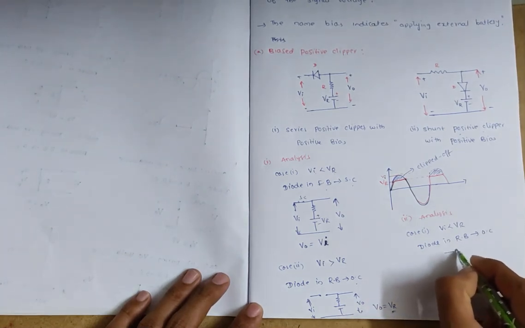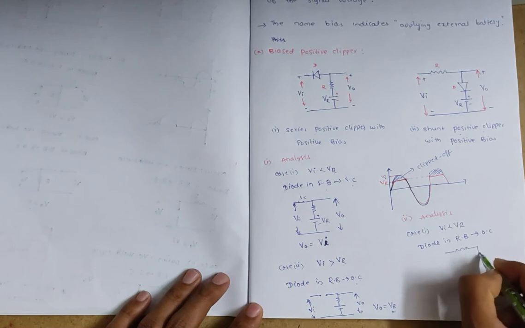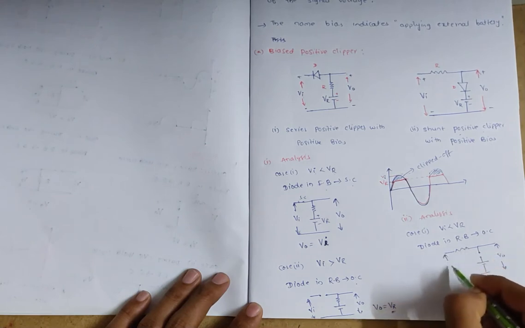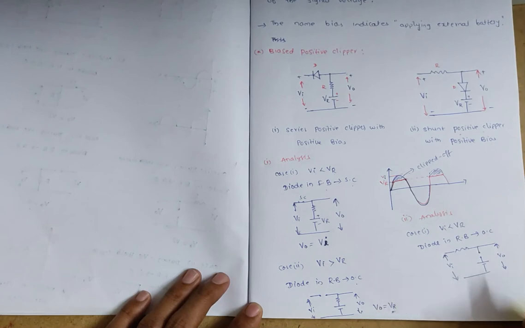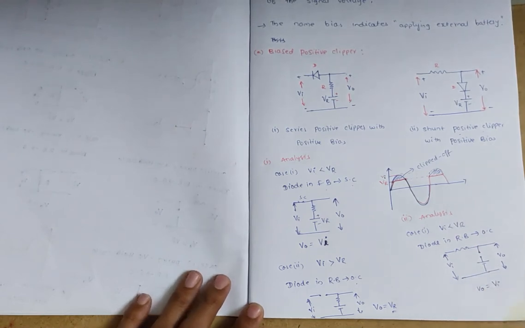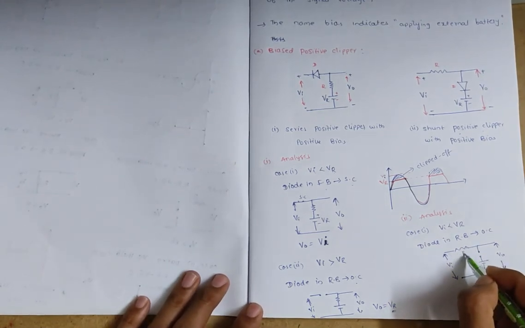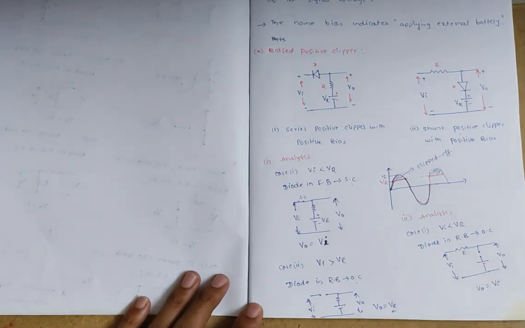We can draw the equivalent circuit like this. So from this we can write V0 equals Vi, because there is no current flowing in the circuit, so the drop across this resistor is 0. V0 equals Vi.